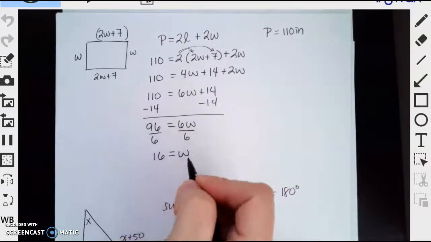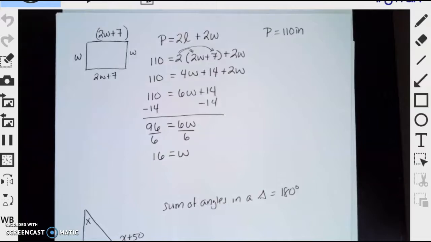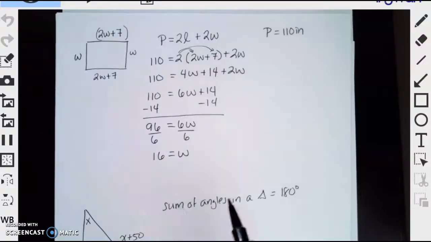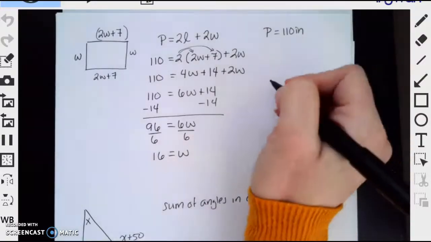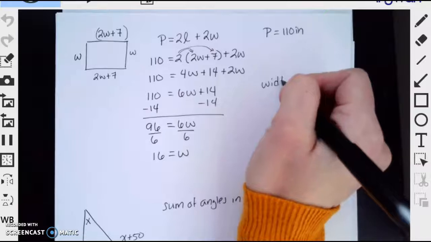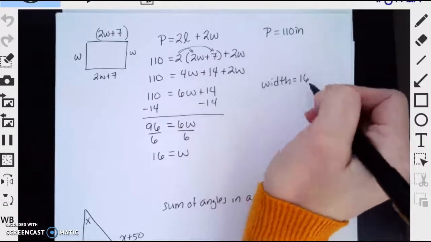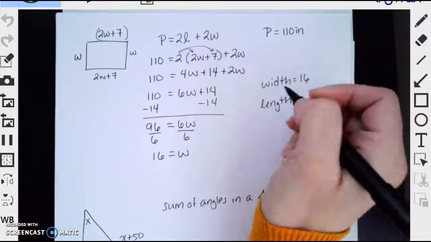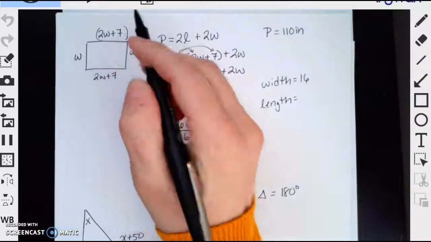for W. So one of the problem-solving strategies that we talked about was to make sure that you answer the question. So we solved the equation, 16 equals W. Let's go back to the question. The question said find the length and the width of the rectangle. Okay, so we found the width, which is 16, but the length we know is 2 times the width plus 7.